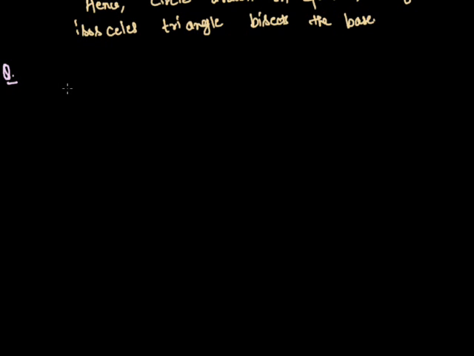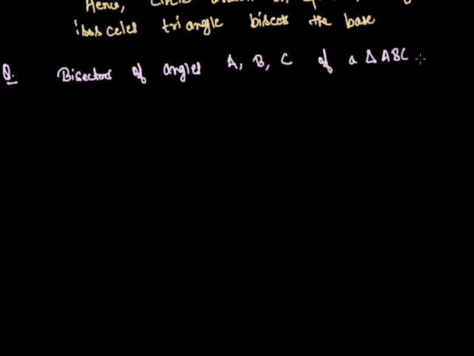Bisectors of angles A, B, C of a triangle ABC intersect its circumference at D, E and F respectively.